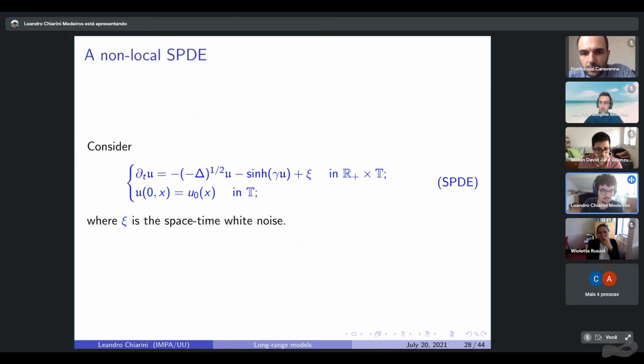So here we are really using that with the white noise and the half Laplacian, the solution of the linear equation is really log covariant, right? For this equation in particular, it is very important that it's log covariant.